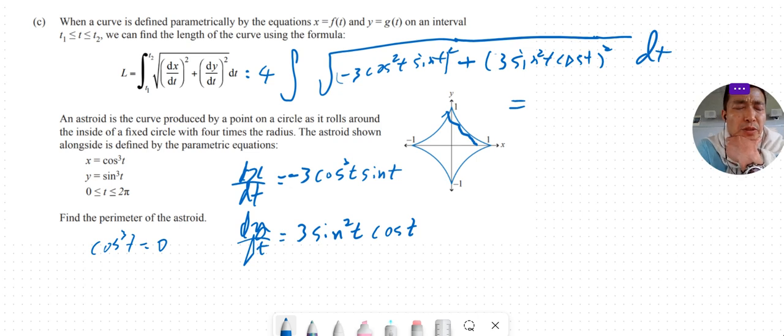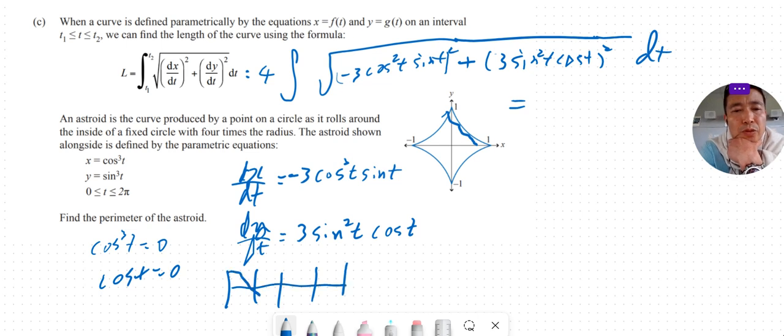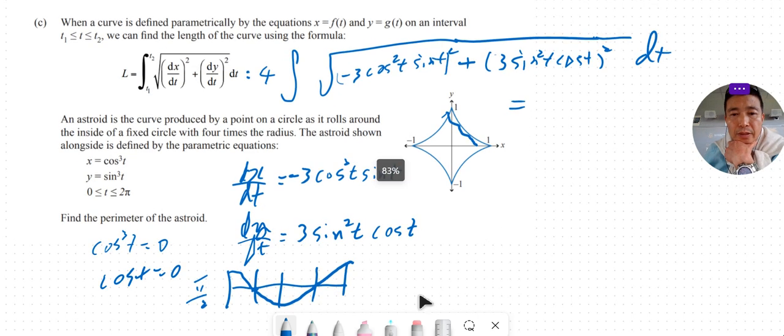So cosine t must be 0, right? If I draw the cosine graph, it would look like this. Cosine t is 0 when t is pi over 2.